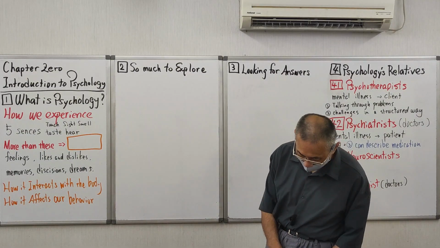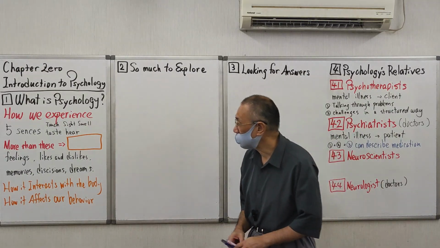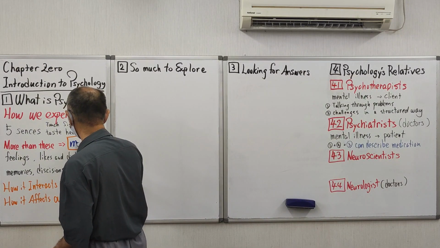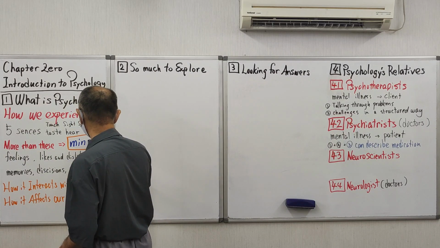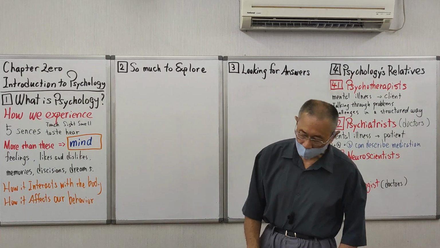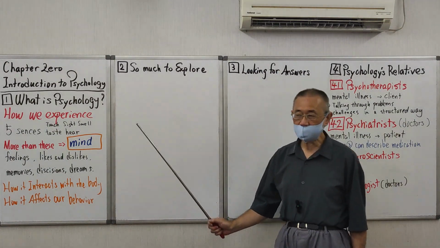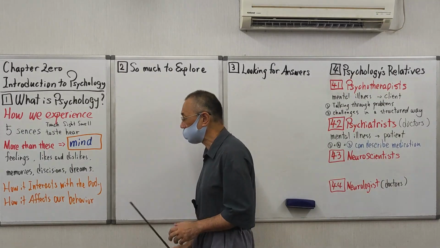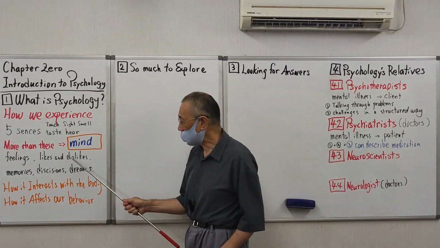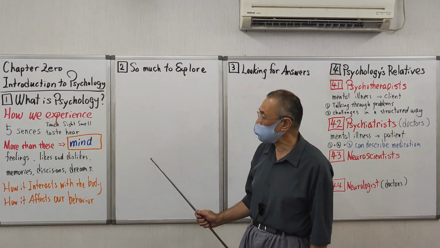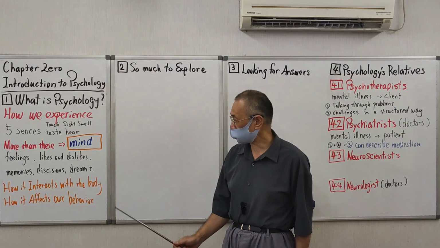Then more than that is the mind. Mind is more than the 5 senses. What the mind is, here are some examples that are easy to focus on.